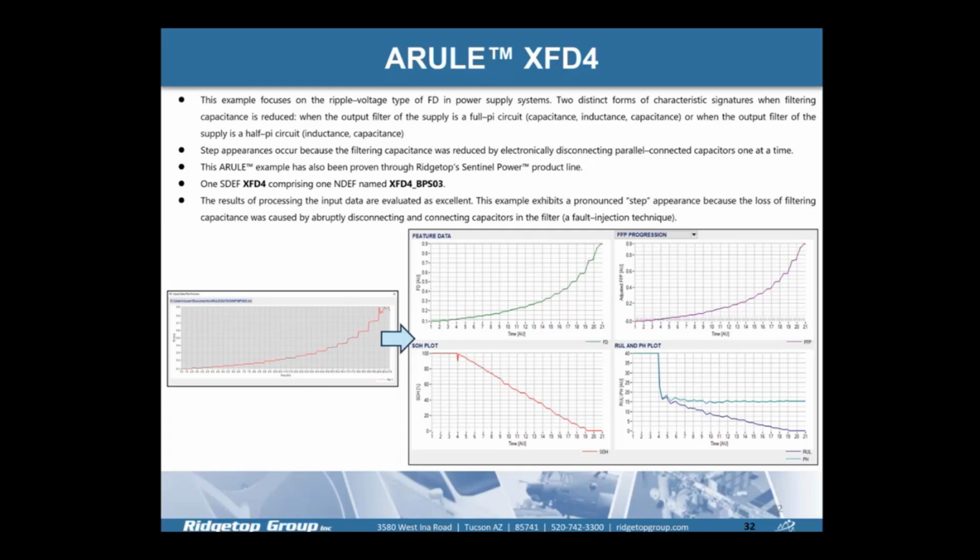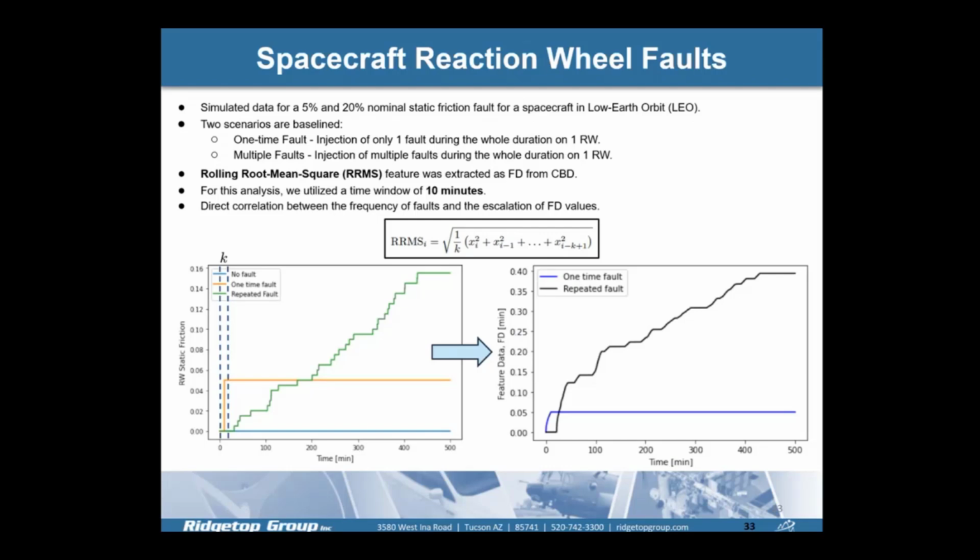Another application you would see is for spacecraft reaction wheel faults. This is simulated data for a 5 and 20% nominal static friction fault for reaction wheels for spacecraft in low Earth orbit.